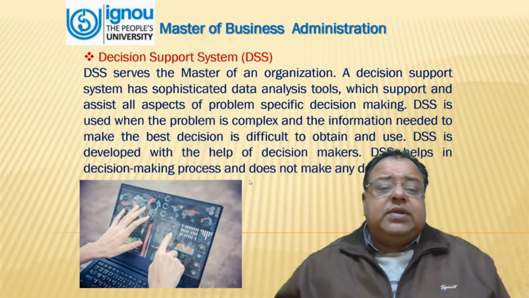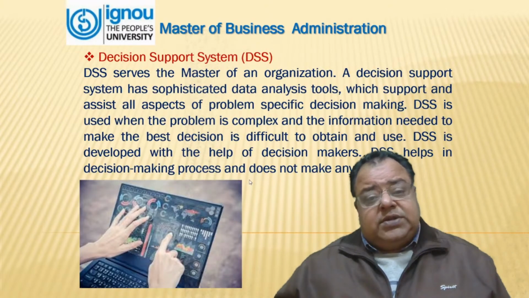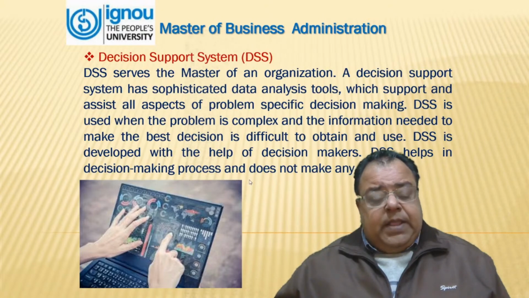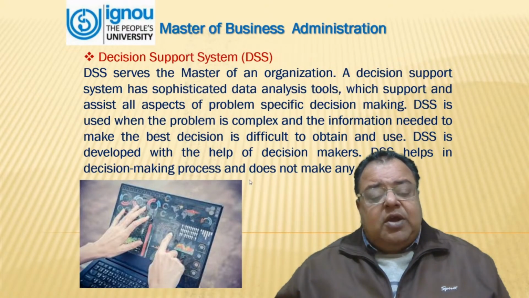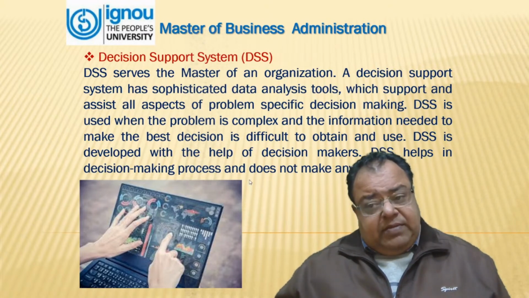Second one is decision support system, that is DSS. DSS serves the management of an organization. A decision support system has sophisticated data analysis tools which support and assist all aspects of problem specific decision making.